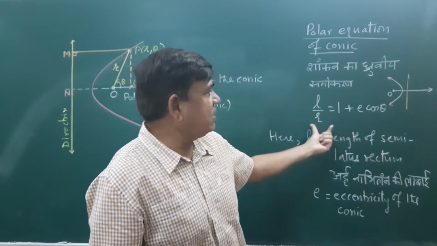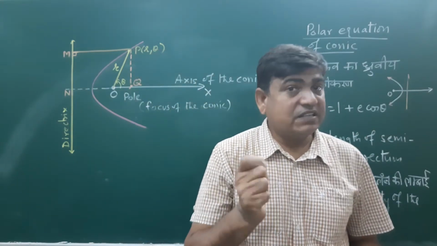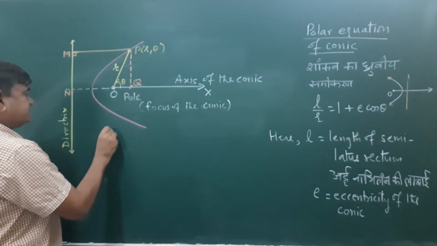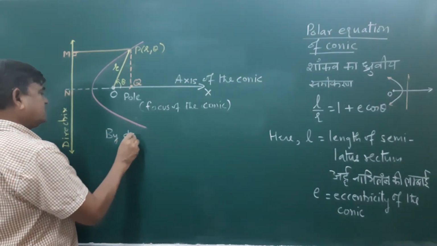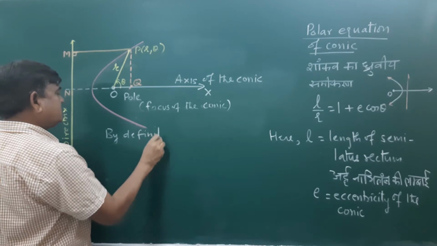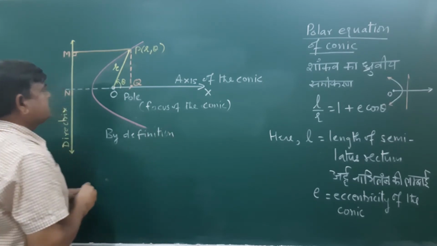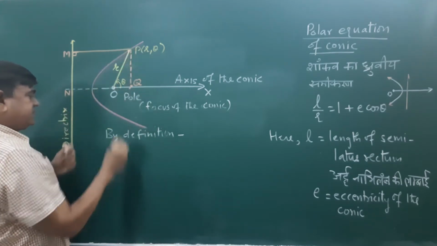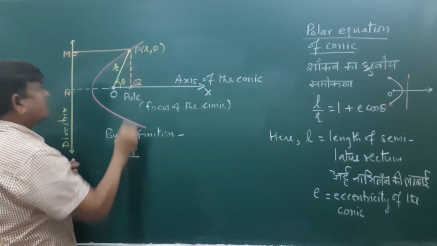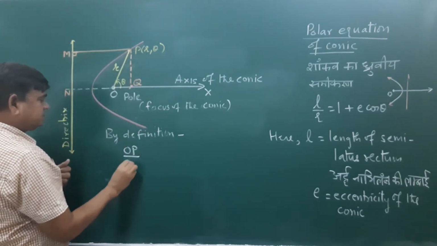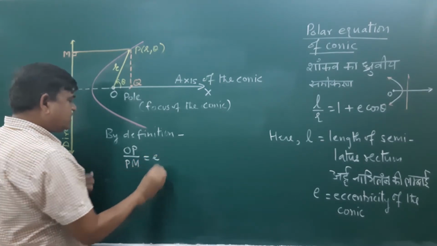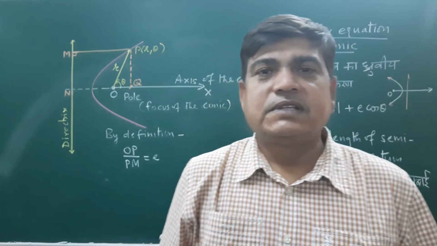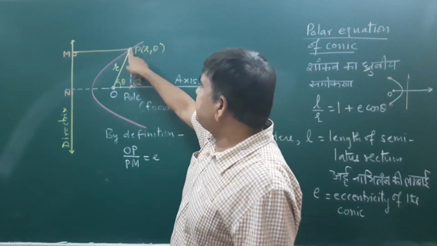For this equation, L upon R equals to 1 plus E cos theta. So by definition, OP upon PM equals to E. The point is on the conic.